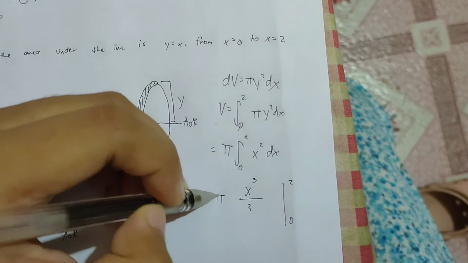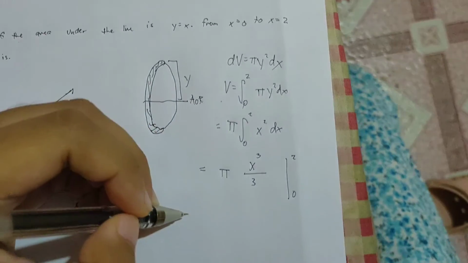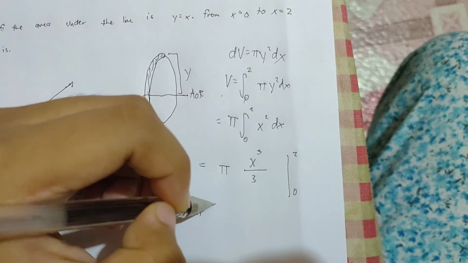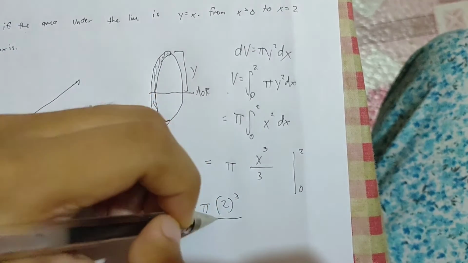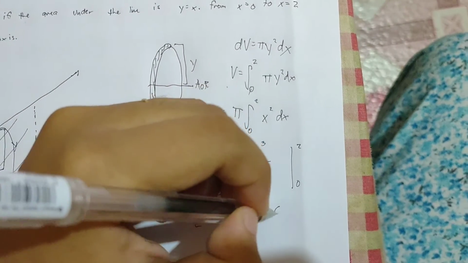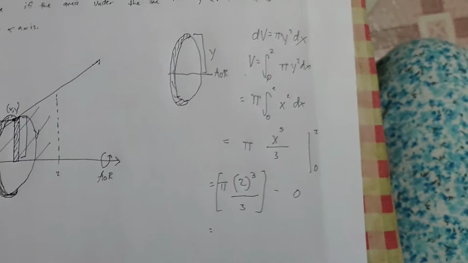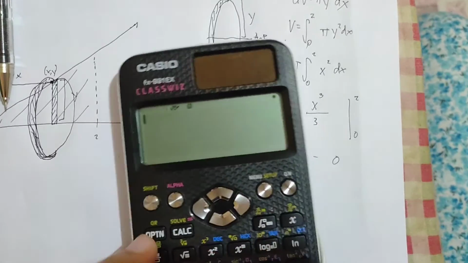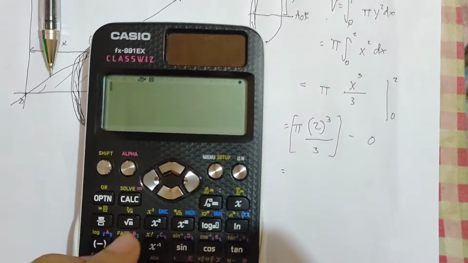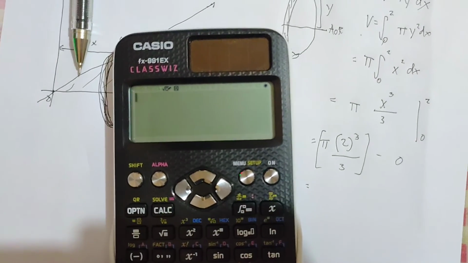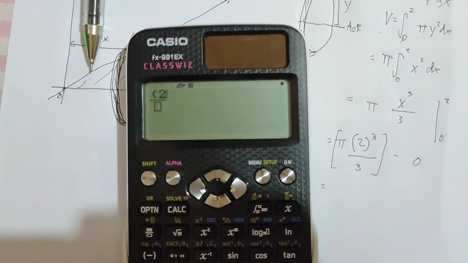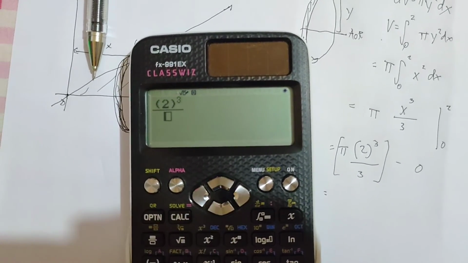So pi times 2 cubed over 3 minus 0. Then 2 cubed.